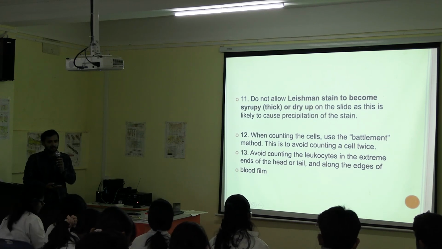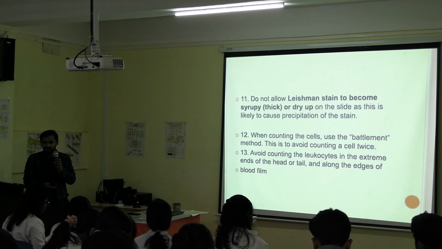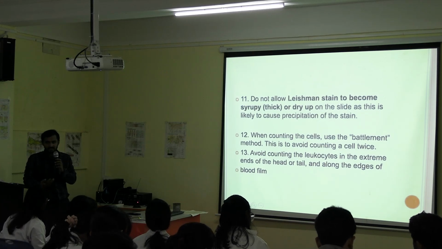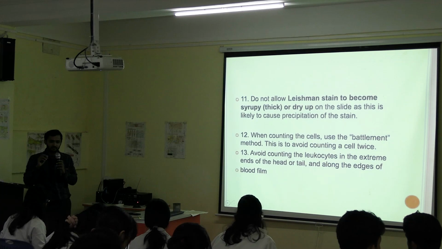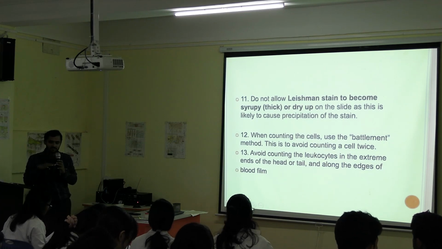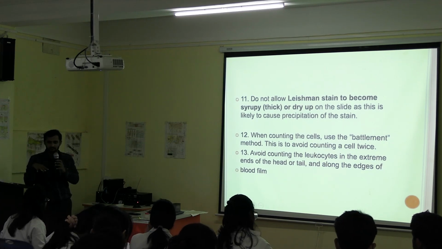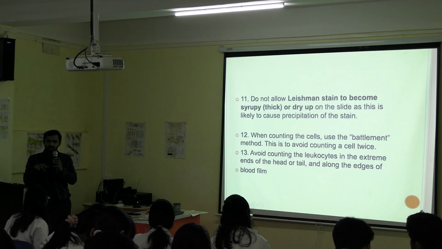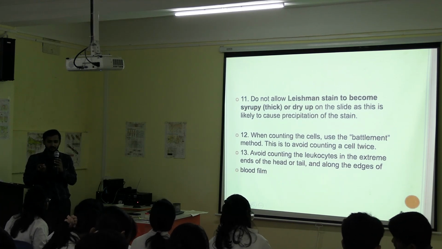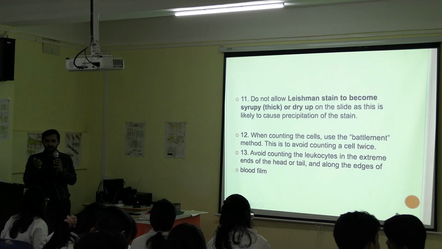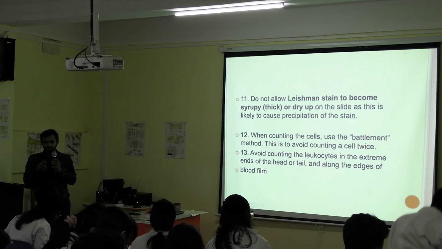We know the RBCs are plenty in number, so it has a large count. When you are staining it, if you are doing the procedure correctly, the RBCs will be equally distributed through the whole smear. But in case of WBCs, it follows the rule of non-uniformity or irregularity.